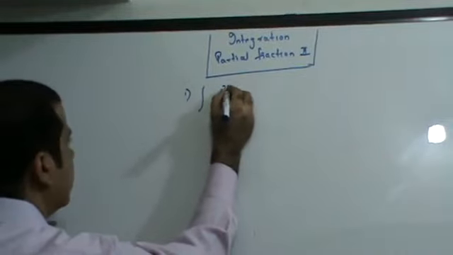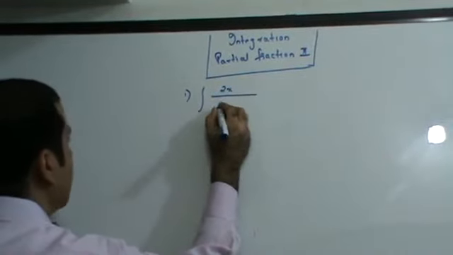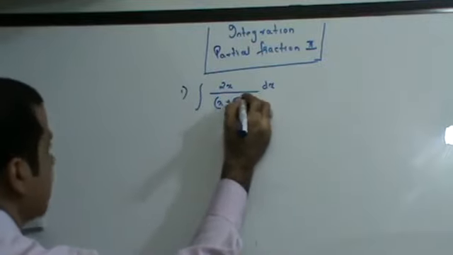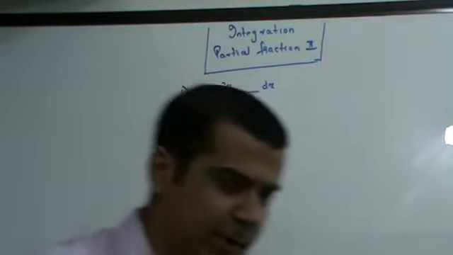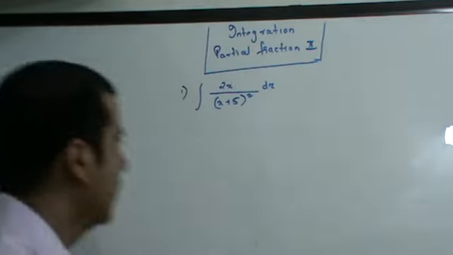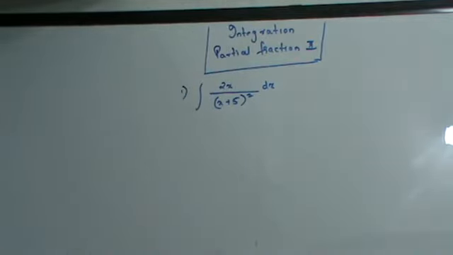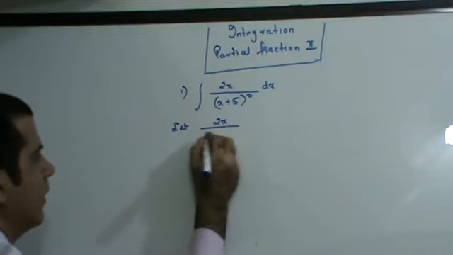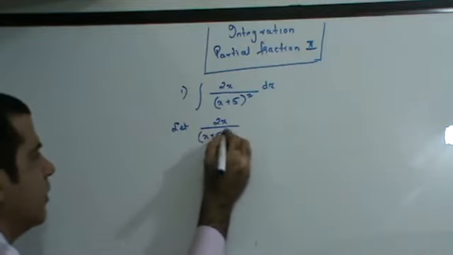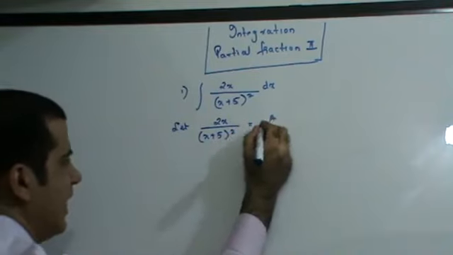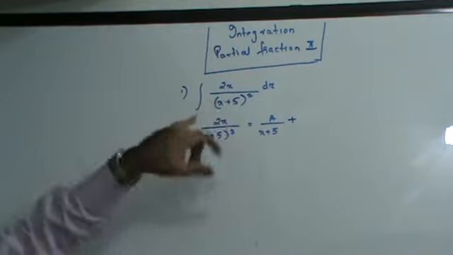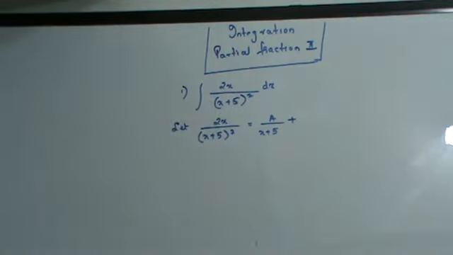Integral of 2x upon (x plus 5) the whole square with respect to x. Fine? Now, when you have repeated factors, you will say let 2x upon (x plus 5) the whole square be equal to A upon x plus 5 plus, look at this guys, this is x plus 5 the whole square.